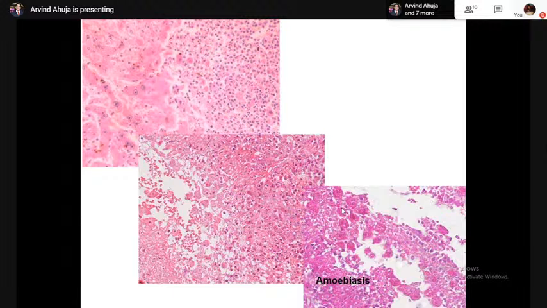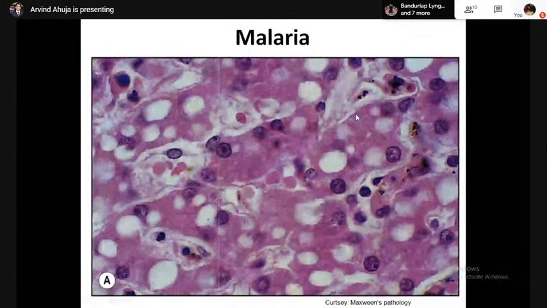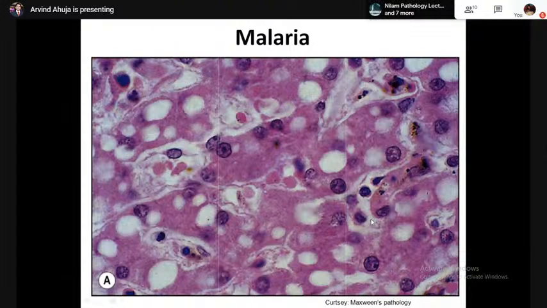Then you can find infection by malaria also, in which to identify malaria, you have to concentrate on the Kupffer cells, which can show malaria pigment as well as RBCs. On oil immersion, you can see some dot-like malaria forms. So this was a case of malaria infecting the liver.